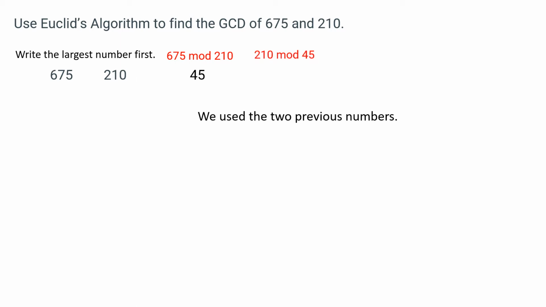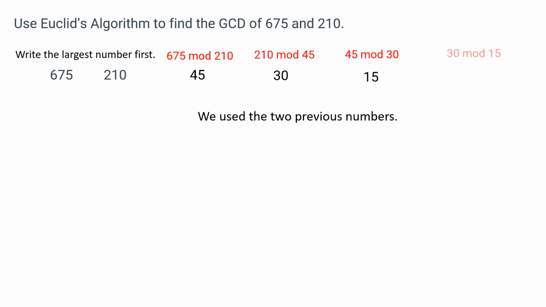We're always using the two previous numbers. So for 45 we use 675 and 210, but then we go on and use 210 and 45, and get another number. We're going to continue to do that until we get down to 0. So this next one would be those last two numbers, 45 and 30. 45 mod 30, we get a 15.